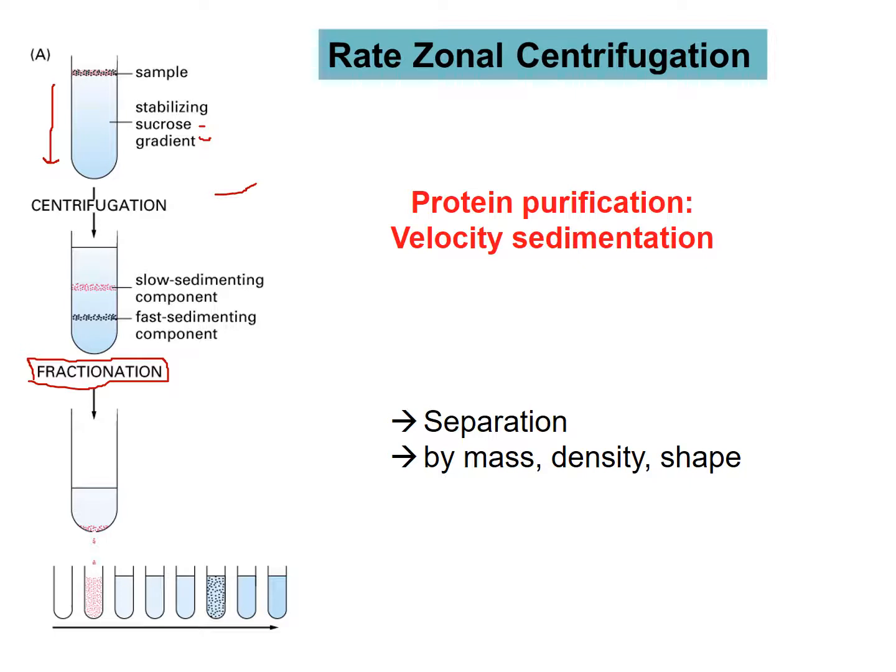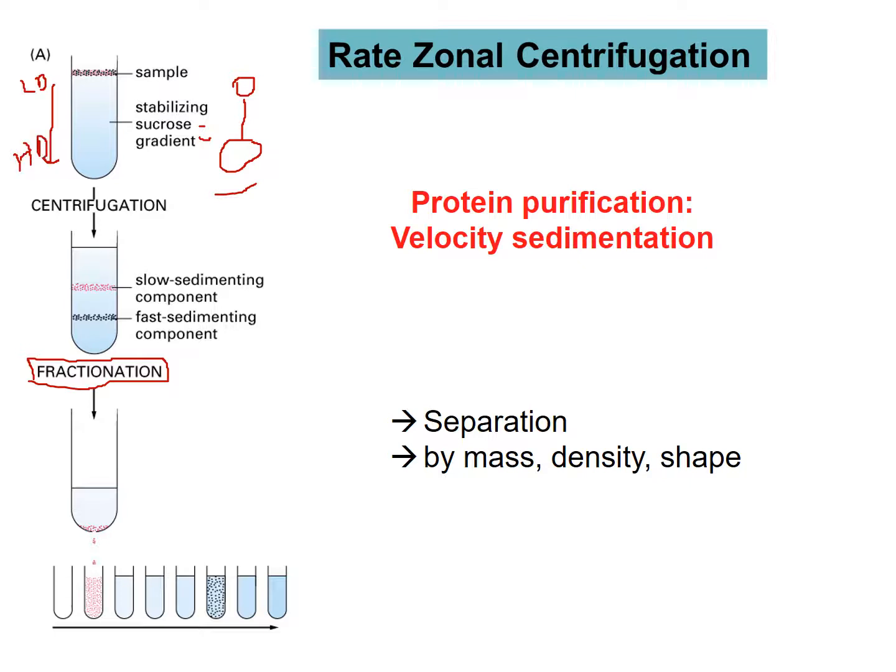A gradient's definition means that there's a low amount of material at one place, and then a high amount of material at another, or in this case, low density to high density. So we have low density in this region of the media and high density.